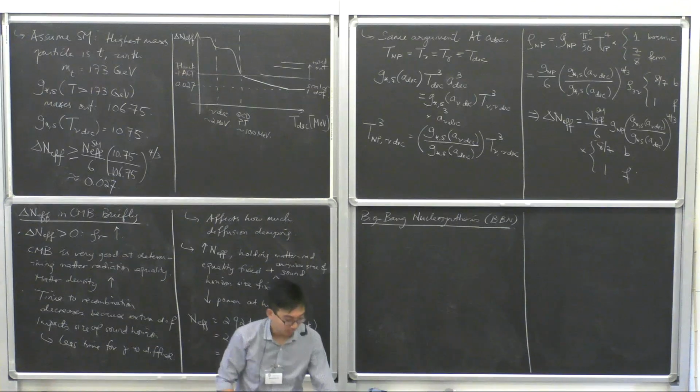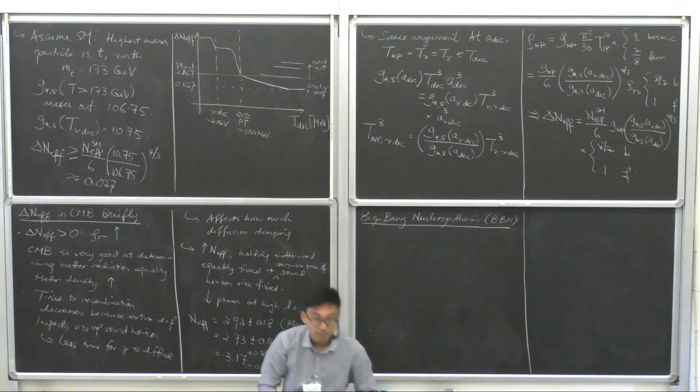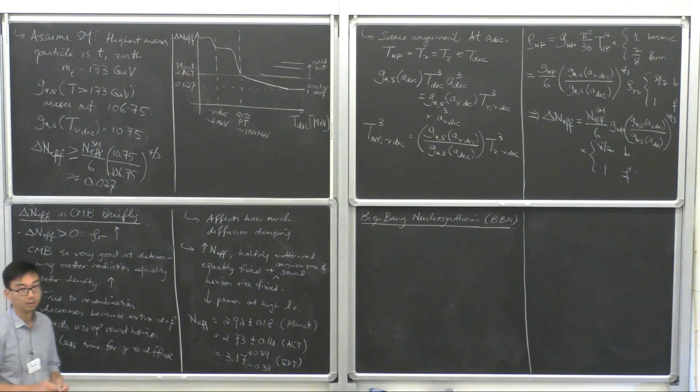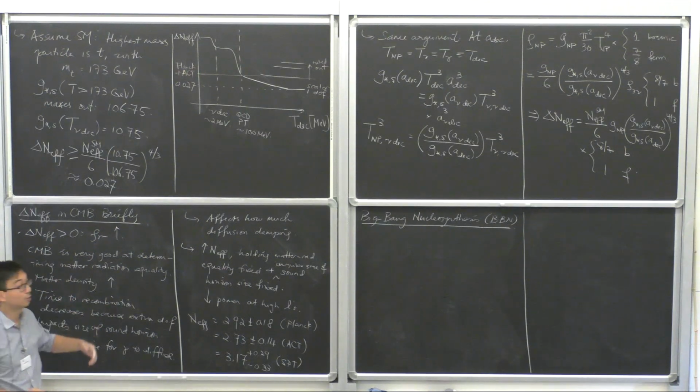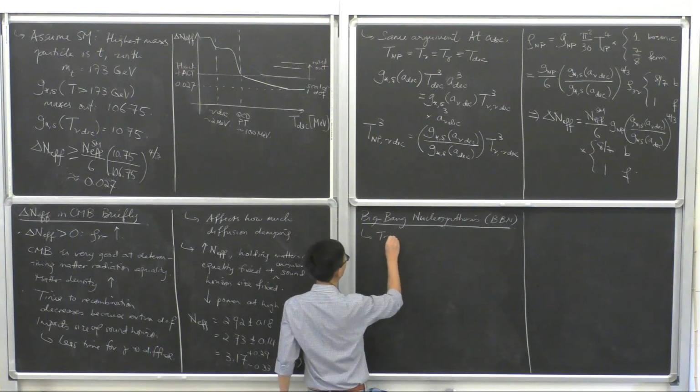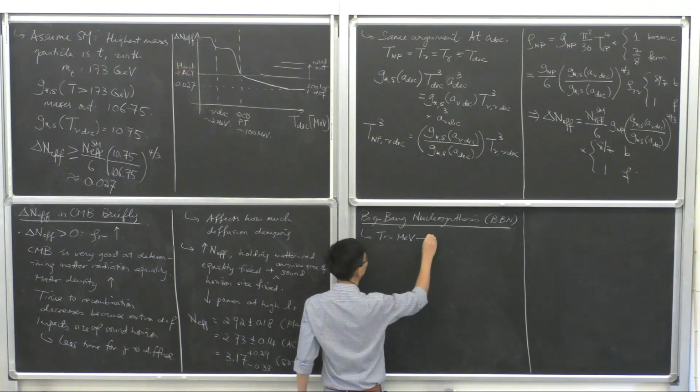Okay, so what is BBN? It's the process by which we get the lightest elements produced in the early universe, right? So again, think back to what's happening during the early universe at a temperature of roughly MeV to keV.